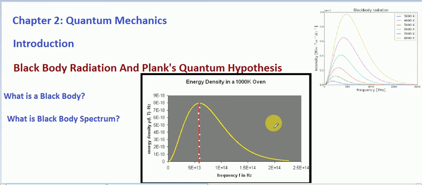It can emit radiations of any wavelength when it is heated. So, a black body is a perfect absorber and a perfect emitter. Any radiation falling on a black body will be absorbed by it. And when it is heated, it can emit any radiations.